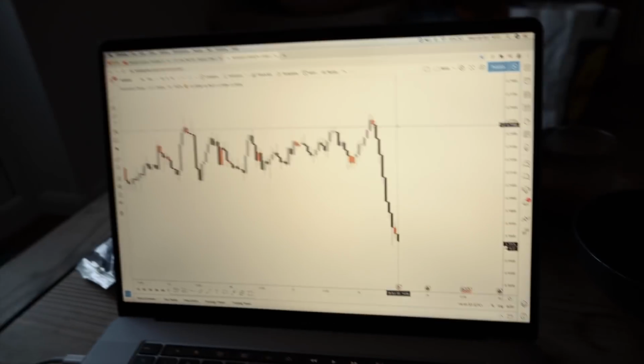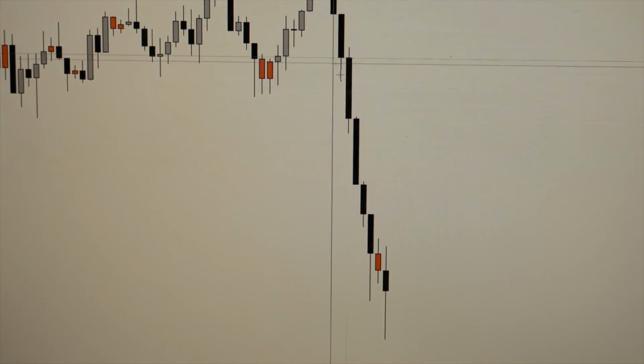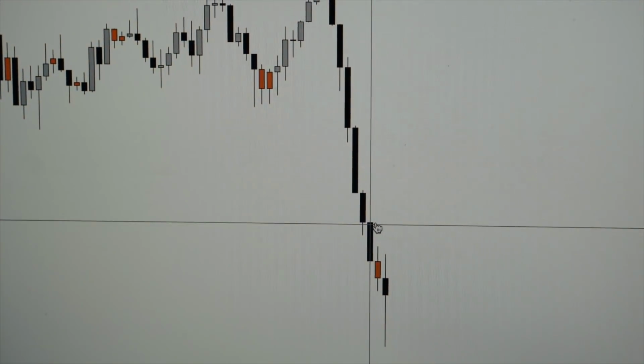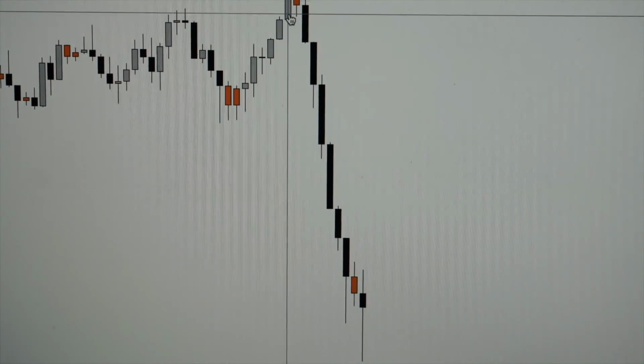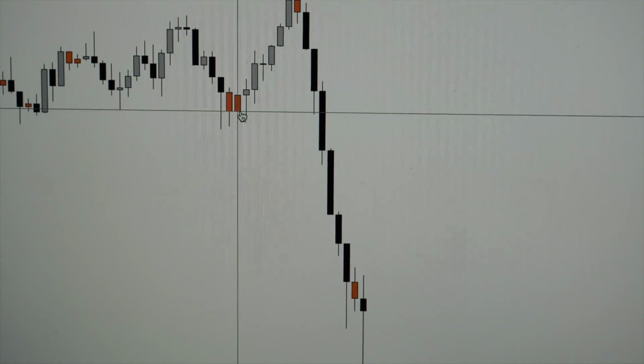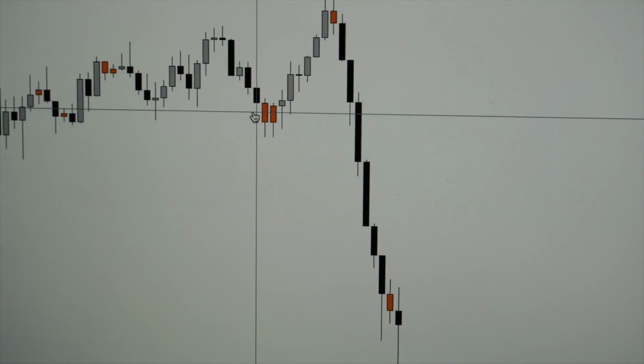It's basically a bar that doesn't break the high or low of the previous candle. So you can see in Aussie dollar, this orange candle didn't break the high or low of the candle before it. So it's tucked inside this candle. That candle's inside this candle, that's inside this candle, if that makes sense.